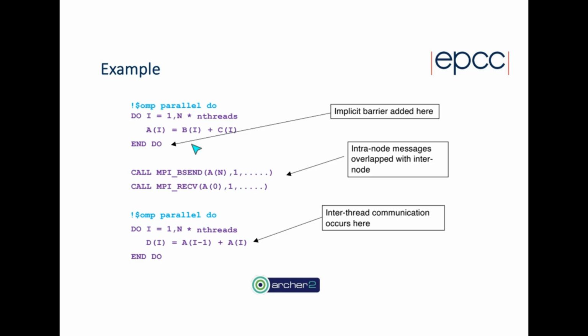So what have we done here that could affect performance? Well, in particular, we've added an implicit barrier. We've added a full thread barrier here at the end of the parallel loop, whereas with the MPI version there were no barriers. There was just the point-to-point synchronization implied by the sends and the receives.